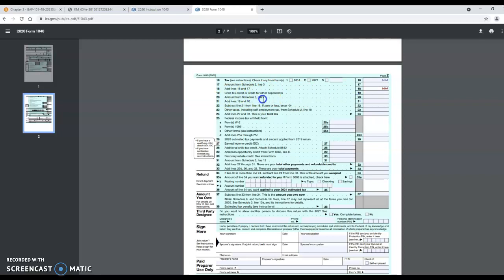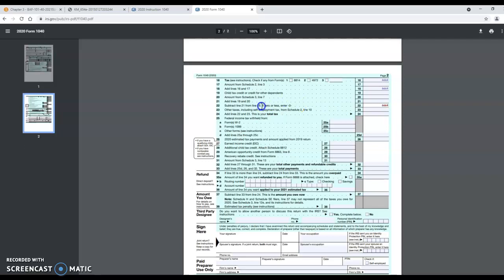Line 20 is amount from Schedule 3, line 7. Those are additional, different kinds of credits. And again, we're not dealing with any other schedules, so he doesn't have any of those credits. Line 21 is to add lines 19 and 20, but we don't have anything. Line 22, subtract line 21, which for us is 0, from line 18. So 6,664 minus 0 is 6,664.